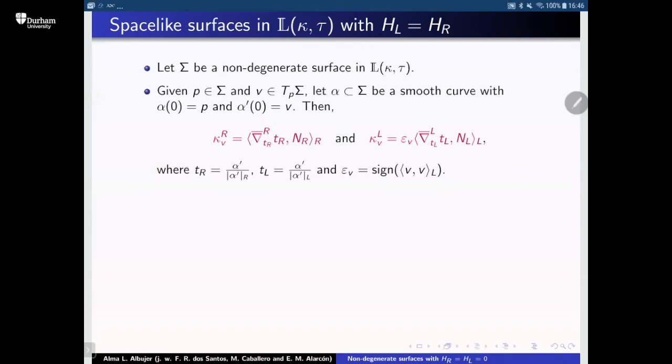So if we have a non-degenerate surface sigma in one of these spaces, at any point P and any direction V, we have two different normal curvatures: the one that we can obtain from the Riemannian metric and the one we can obtain from the Lorentzian metric. So given P and V, we can consider any smooth curve alpha with these initial values. And so we have the classical definition of the normal curvatures in terms of this curve alpha.